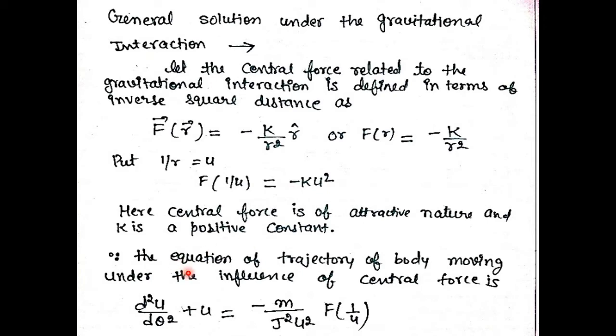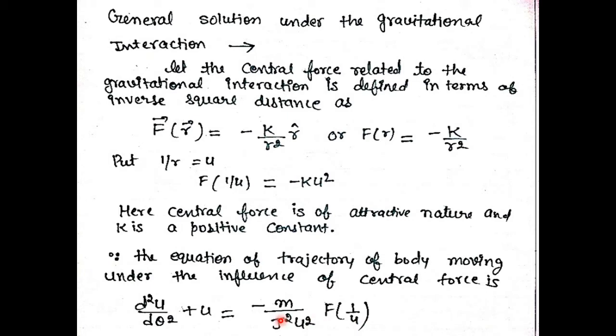Now the equation of trajectory of a body moving under the influence of a central force, which we have derived in the previous section. What is the equation? d2u/d theta 2 plus u equals minus m j square upon u square f(1/u).